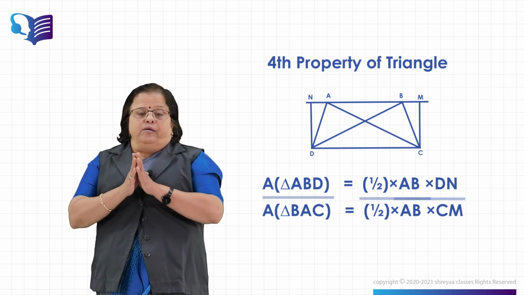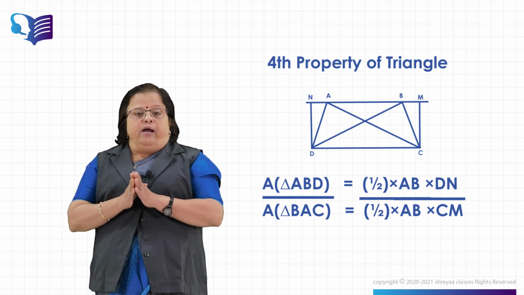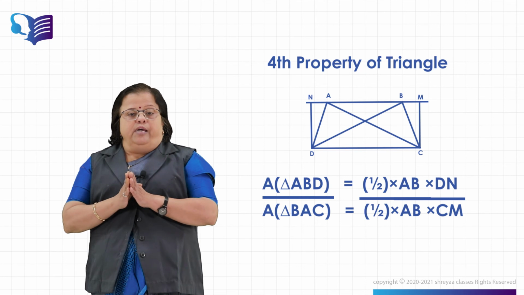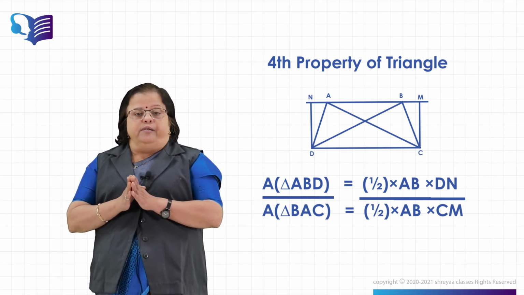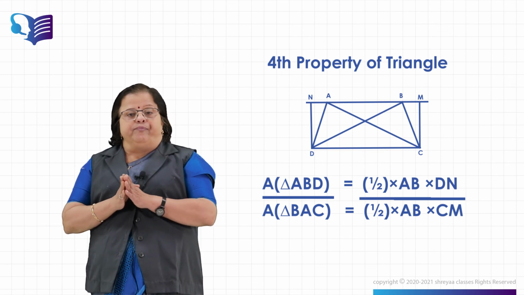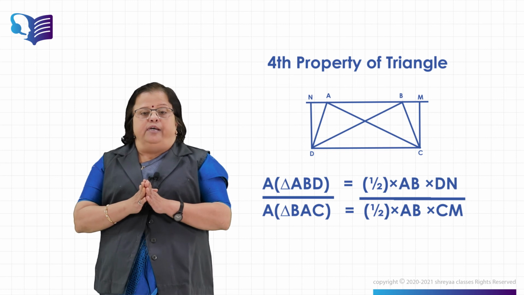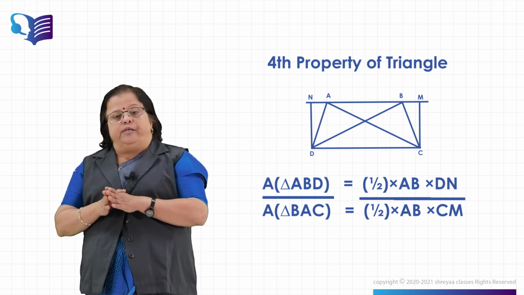Here, if we take the ratio of area of triangle ABD and area of triangle BAC, we write it as triangle ABD upon triangle BAC is equal to half into AB into DN upon half into AB into CM.